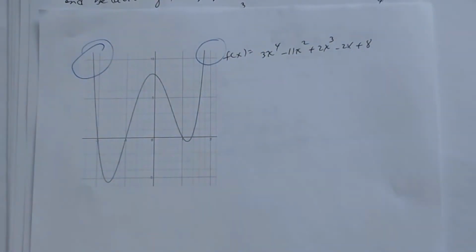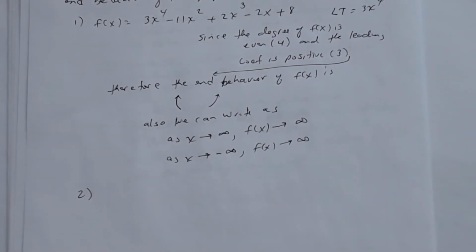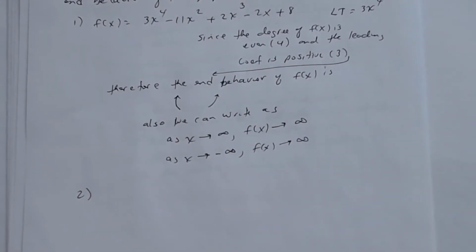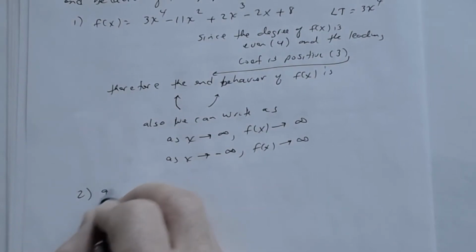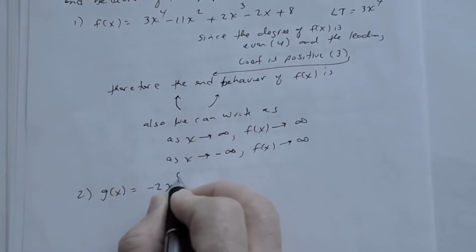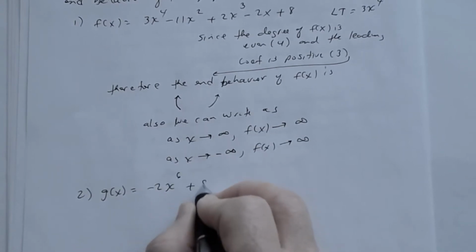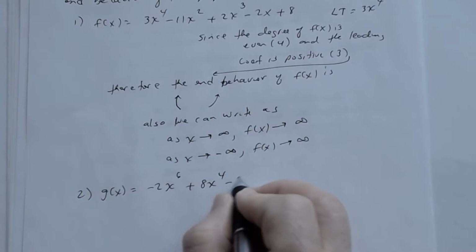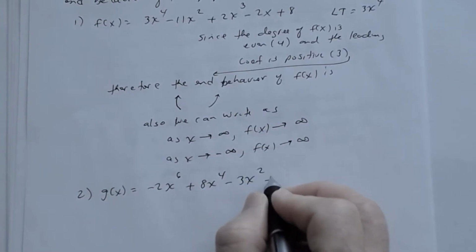Okay? All right, number two. Let's suppose we had, in number two, g of x equals negative 2x to the 6th plus 8x to the 4th minus 3x squared plus 2.